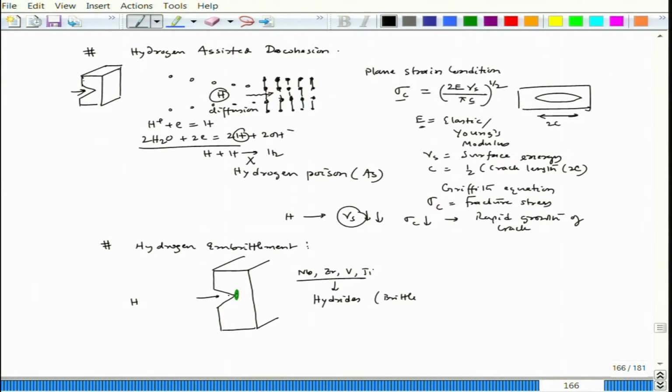Because it is brittle and under tensile stress, this crack can progress through it. So if this is my hydride and the crack tip is here, the crack can progress through this, and once it reaches the softer matrix, away from the hydride, the crack has moved through the hydride and it interacts with the softer tough matrix.